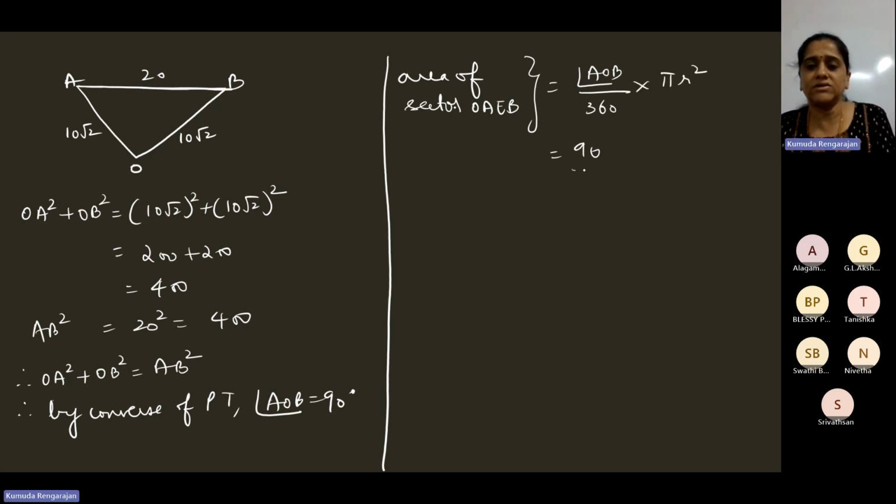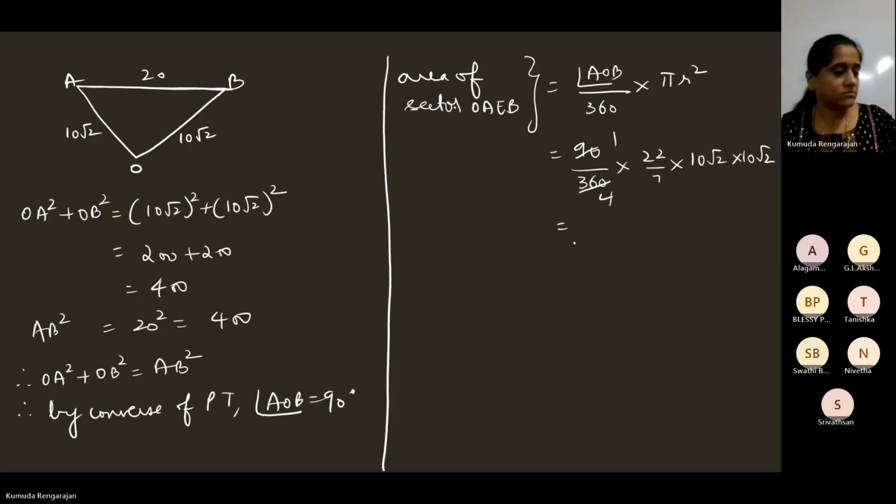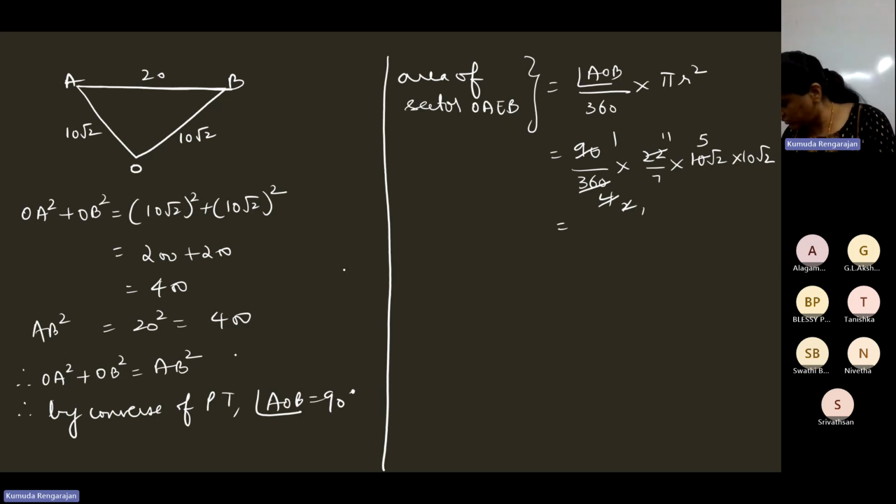That is 90 by 360 into 22 by 7 into r, 10 root 2, 10 root 2 into 10 root 2. So 10 root 2 into 10 root 2 is what? 100, 200. 200 into, yes, you can further cancel 2 and 11. I think pi should be given as 3.14 here.